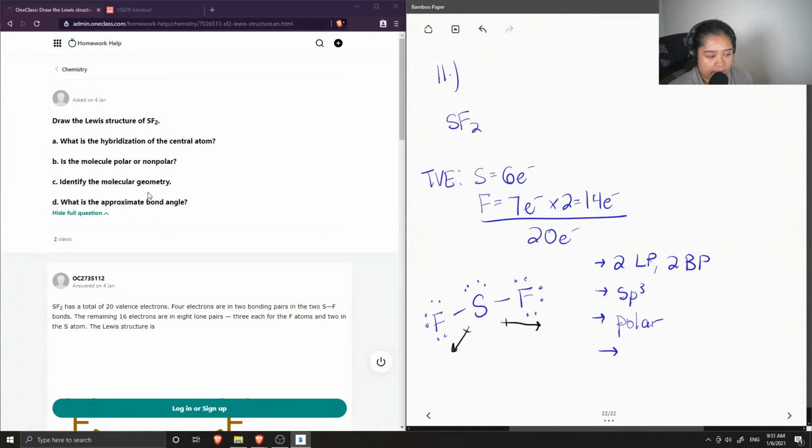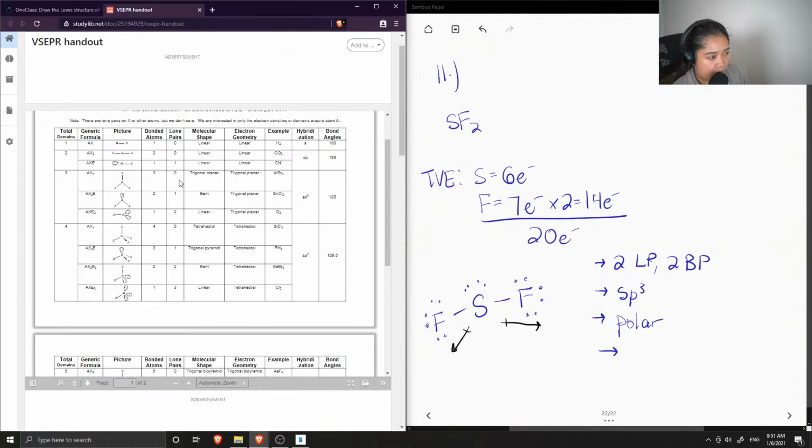And to identify the molecular geometry, we'll use this VSEPR table. So 2 lone pairs and 2 bonding atoms gives us the sp3, and we have a bent molecular shape and tetrahedral electron geometry.